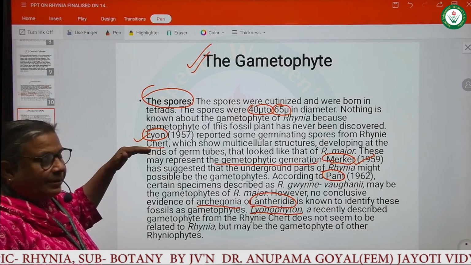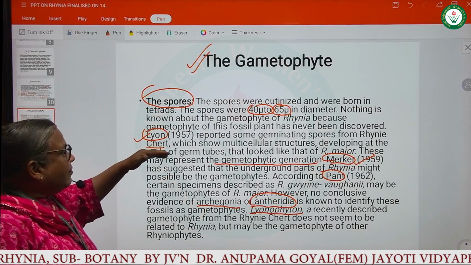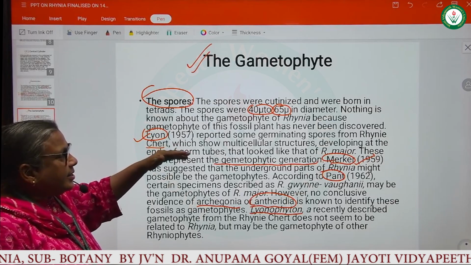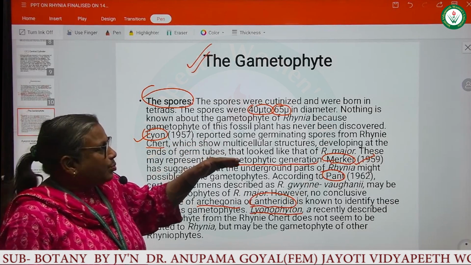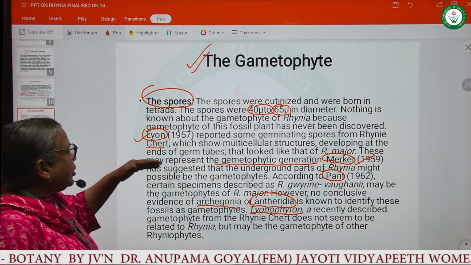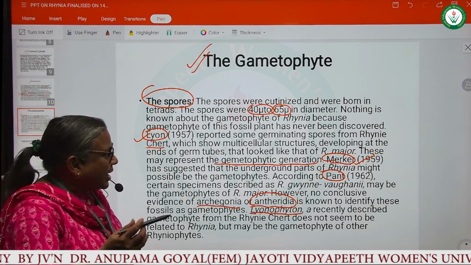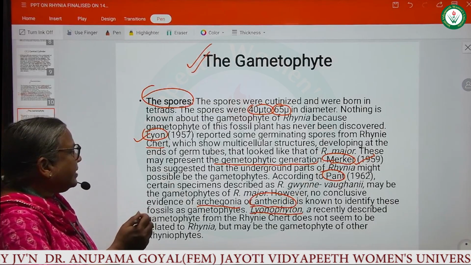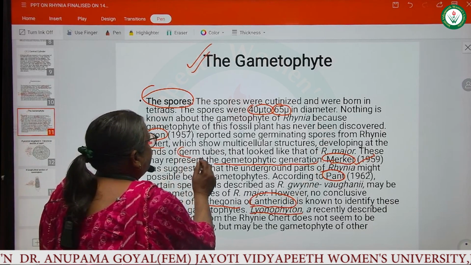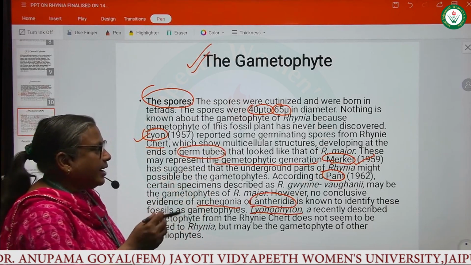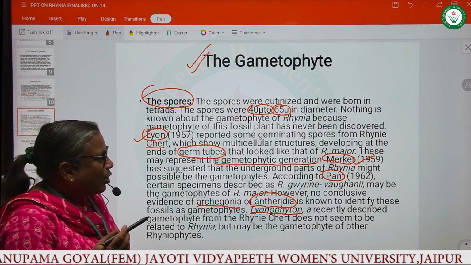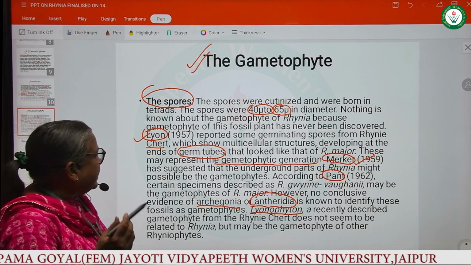Lyon in 1957 reported some germinating spores from RHYNIA chert which show multicellular structures developing at the ends of the germ tubes that looked like that of RHYNIA major.